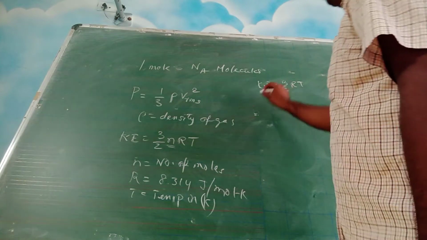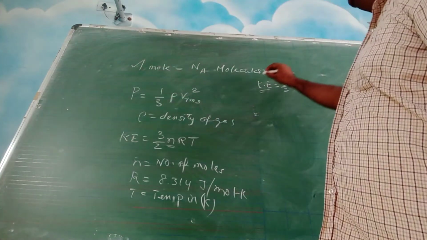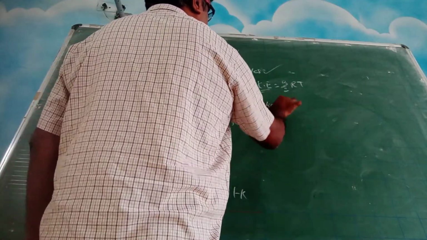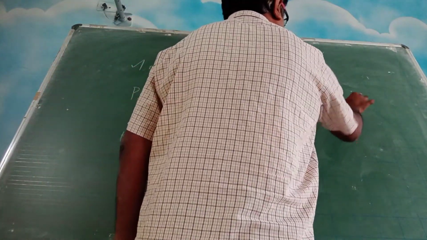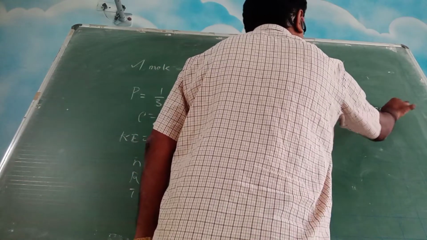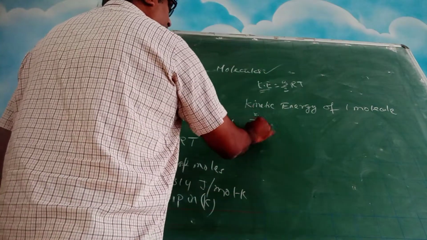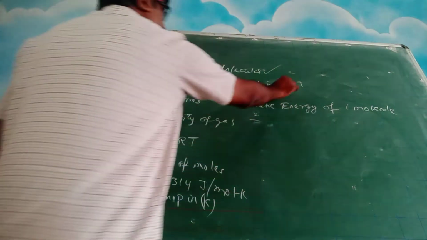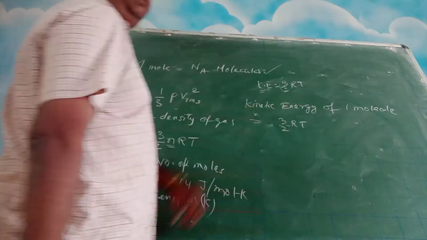Now what is this kinetic energy? It is the kinetic energy of 1 mole. 1 mole has how many molecules? These many molecules. So, if you want to know the kinetic energy of 1 molecule, it is equal to this, 3/2 RT. This is of 1 mole, right?